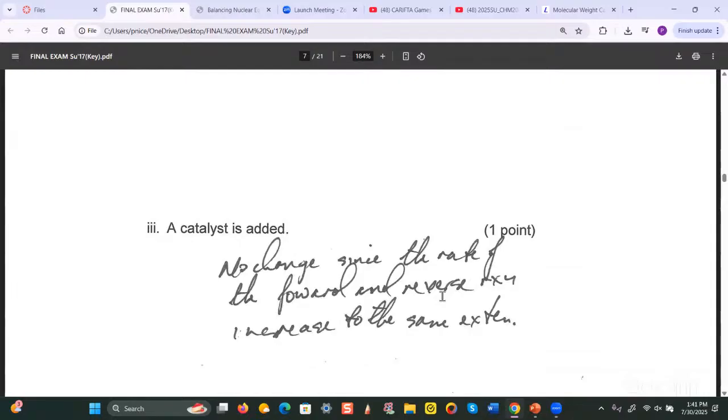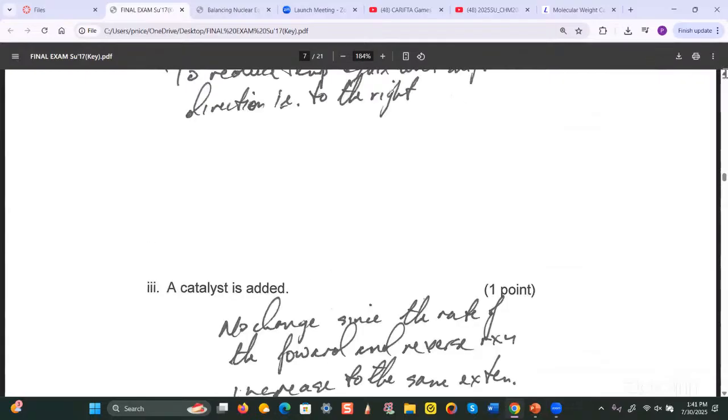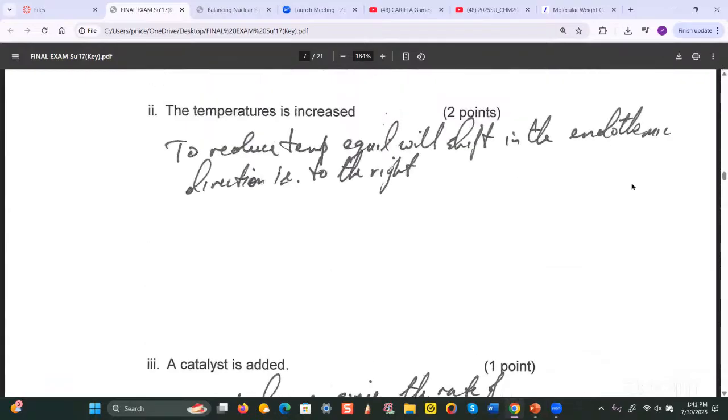The same is true if you change pressure, but if you change the temperature, the Kc will be affected. For example, in the question we just looked at, we said that the equilibrium will shift to the right. That means you have more products than reactants compared to before, which means the Kc value would increase. So you could be asked a question where it could be a bit of a trick question.